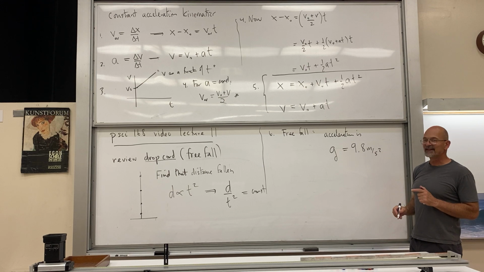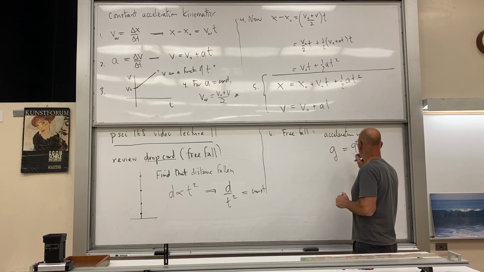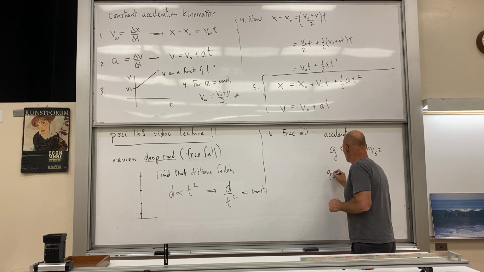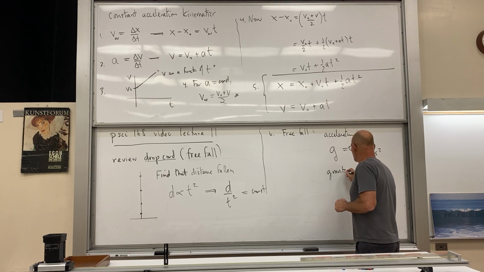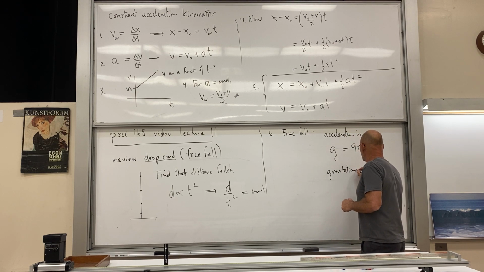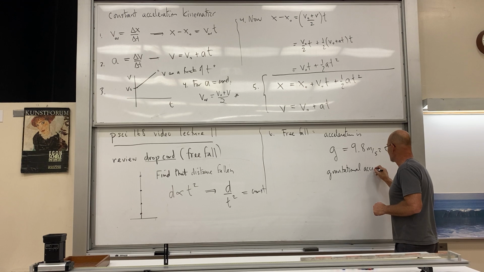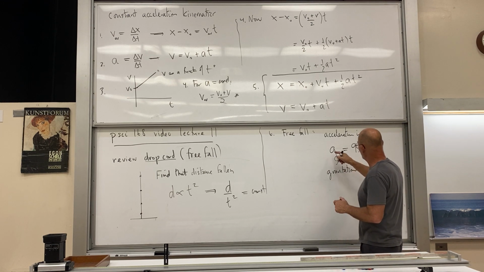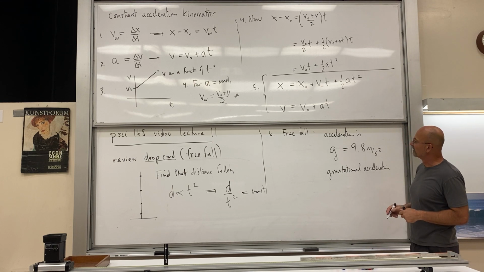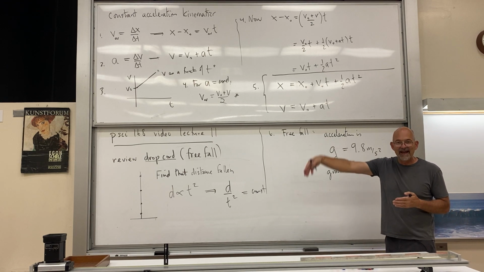That's called the gravitational acceleration. So this g, 9.8 meters per second squared, and of course it's accelerating down.